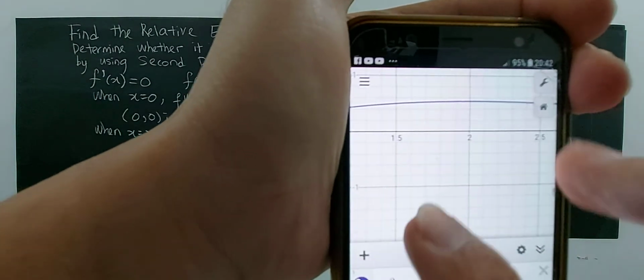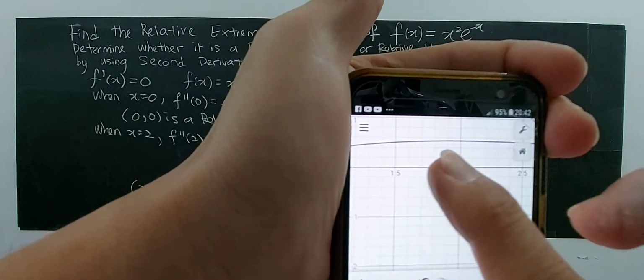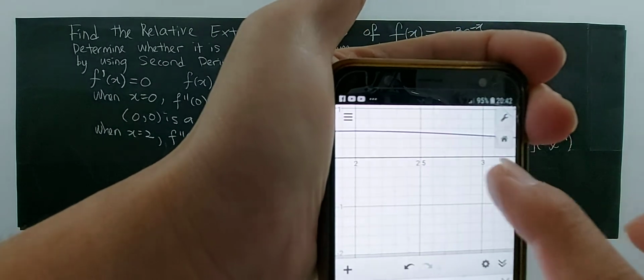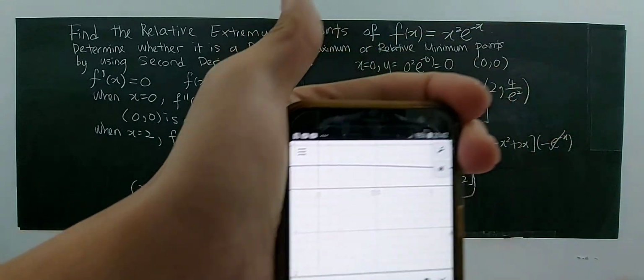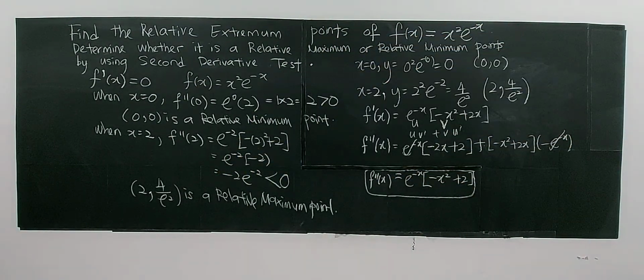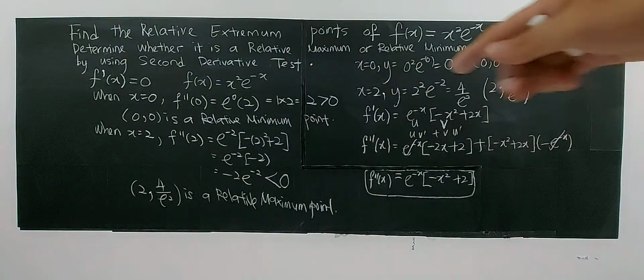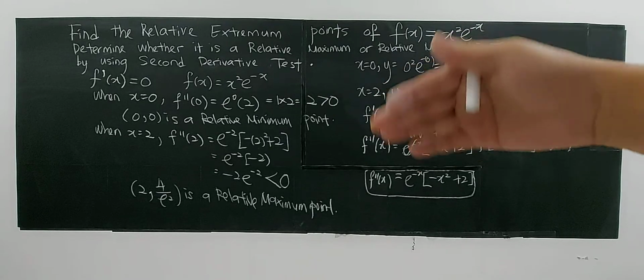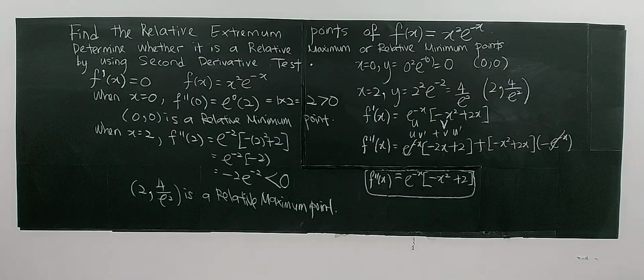As you zoom, the graph goes up, and after this point goes down again. So this is a relative maximum point. All right, this is all you have to understand: using the second derivative test to identify relative maximum and minimum points. See you in the next video for the next example.